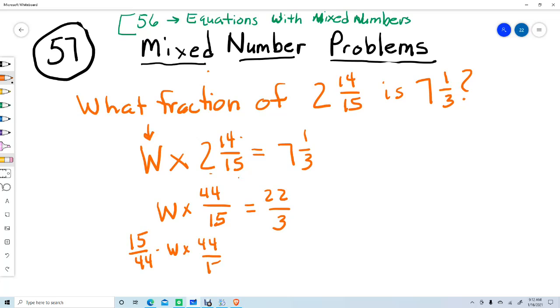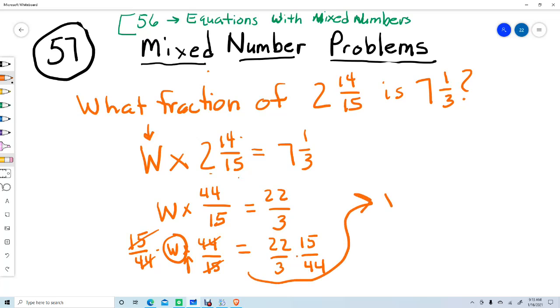Again, I can take out that multiplication symbol right here if I want. Times 15 over 44. So these cancel, and I'm left with just W. Moving on over here, W equals, now I can cancel some things on my right-hand side.